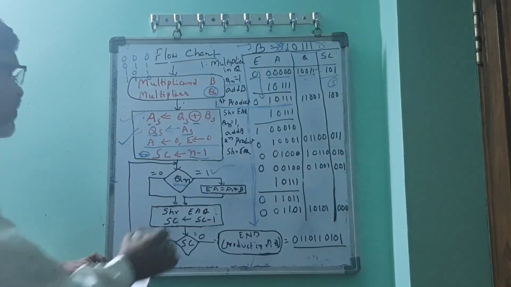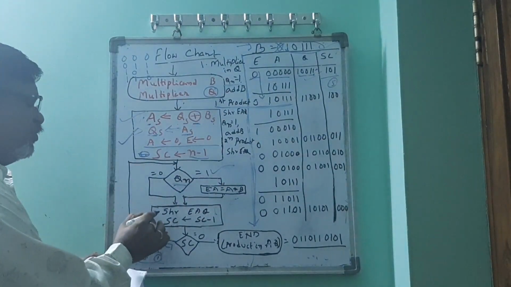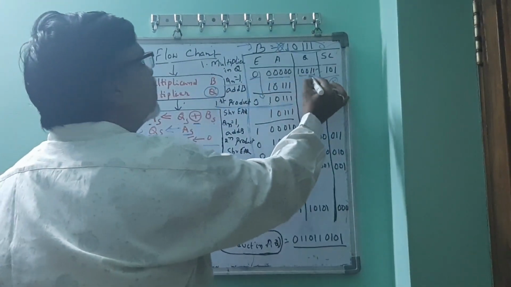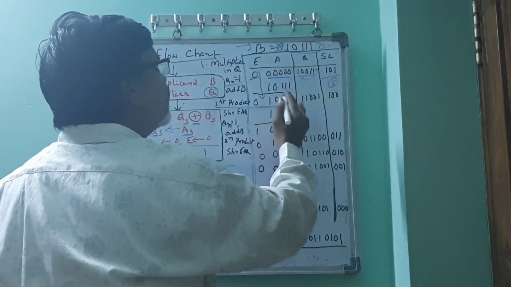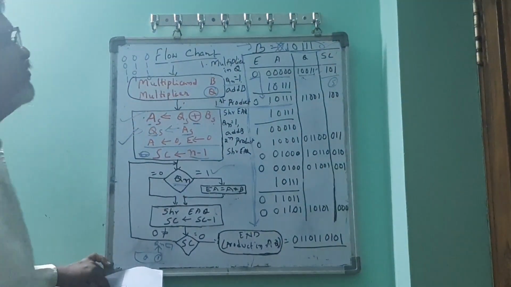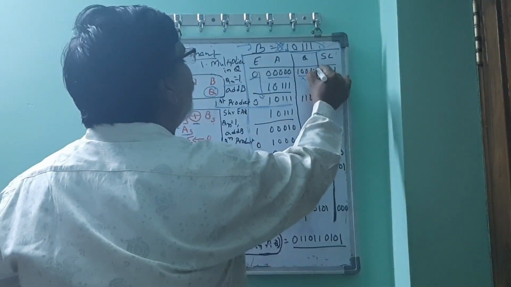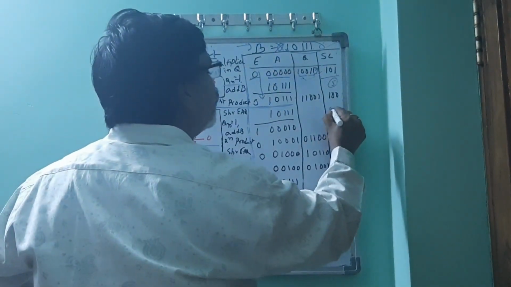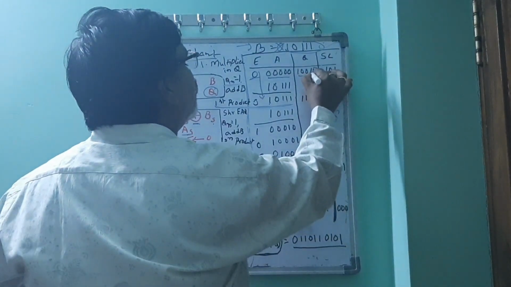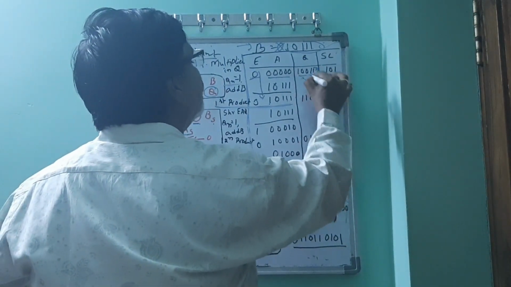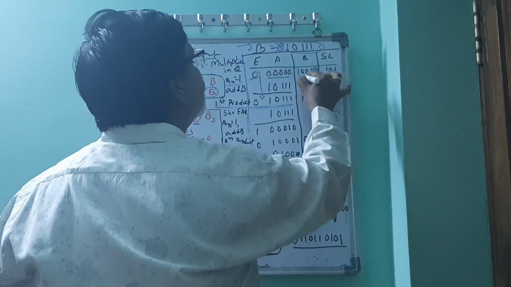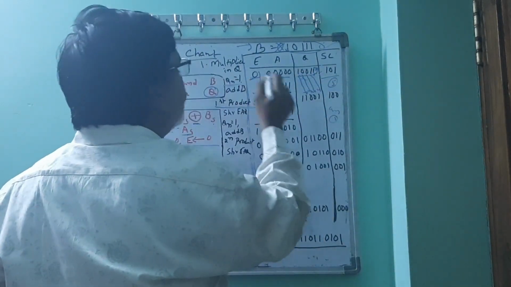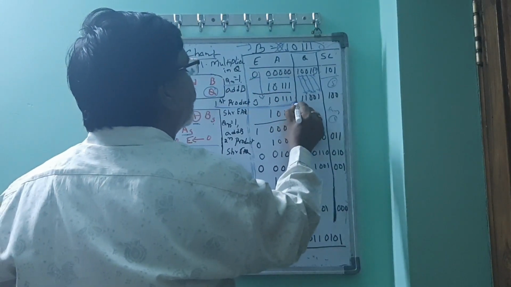So after that, what do we have to do? Shift right EAQ. Whatever is there will be shifted to the right. The 1 that is already in Qn... this 1 comes here, this 0 comes here, this 0 comes here, this 1 comes here, and the 1 from A goes there.